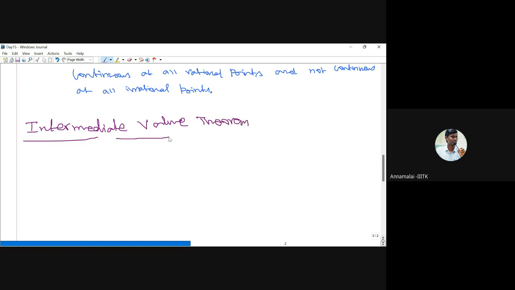Suppose we have a continuous function on a closed interval. So what is the statement of the theorem? Let f be a function from the closed interval [a, b] to R, a continuous function.